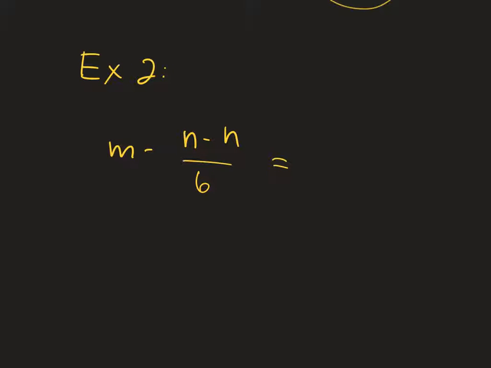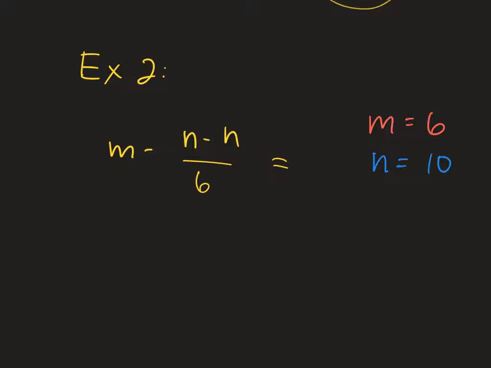Okay, and again, I'm going to use red for m, and for n, I'm going to use blue. n equals 10. Okay. So when you do this problem, we just have to replace the letters.